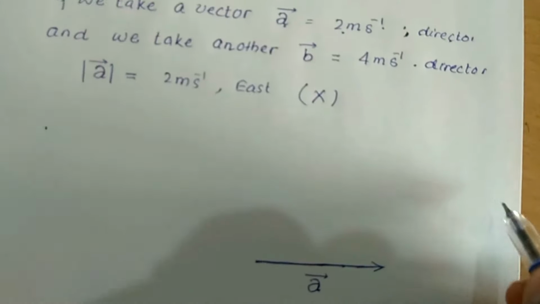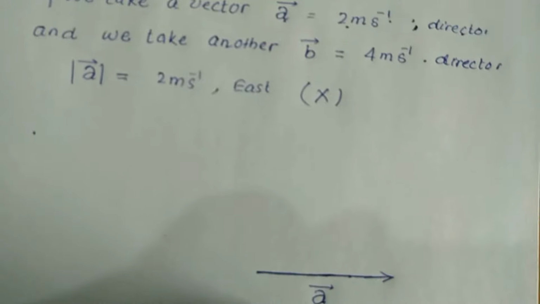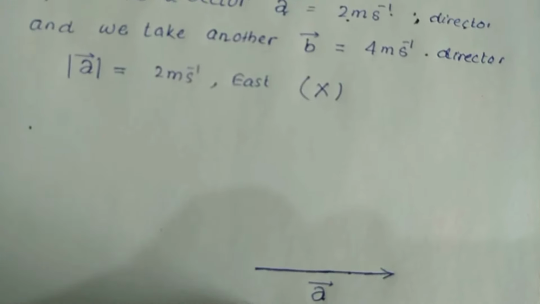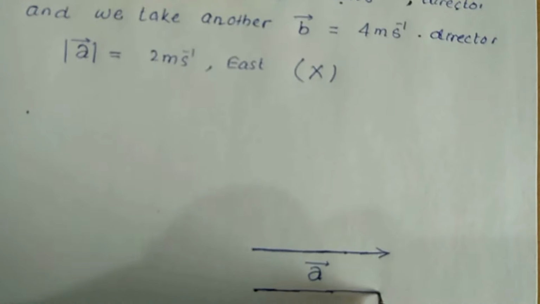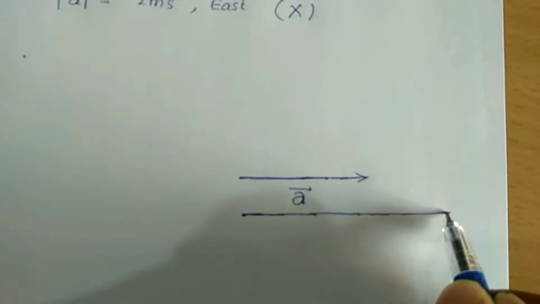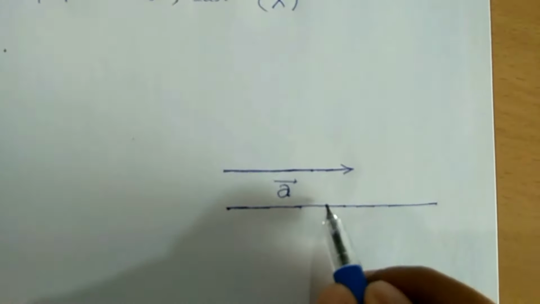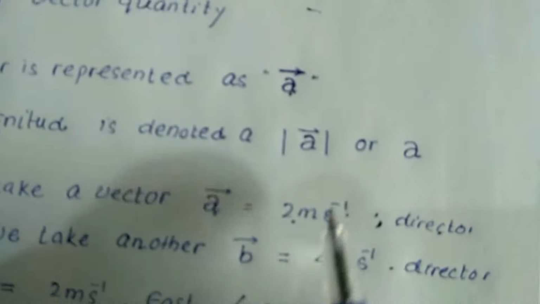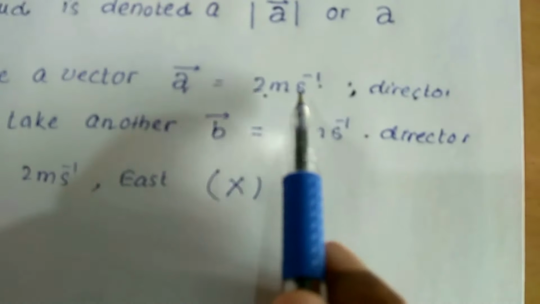And we take a vector B, suppose in the same sense. Then its length is double that of vector A, because here vector A is 2 meters per second and B is 4 meters per second.